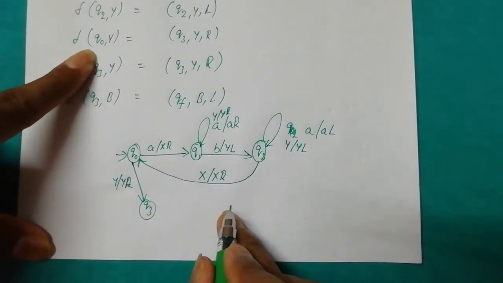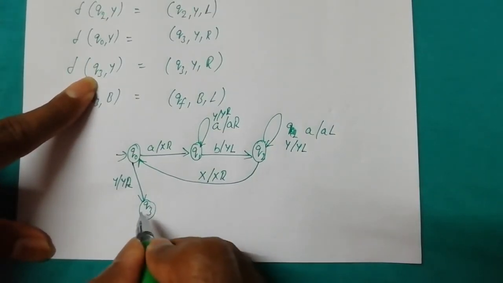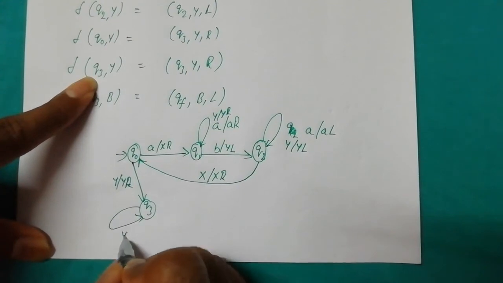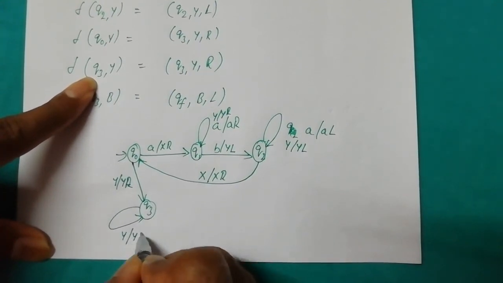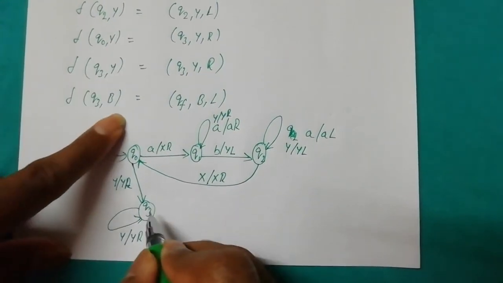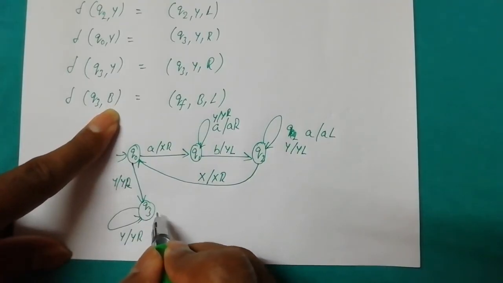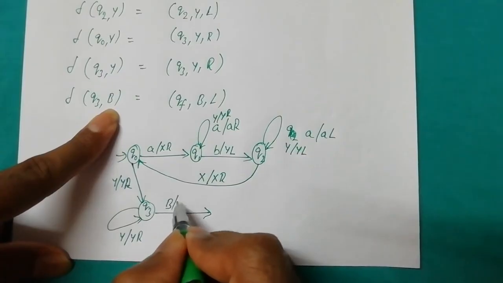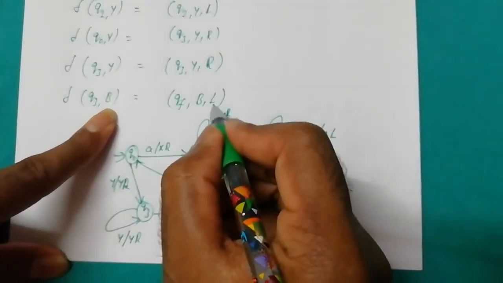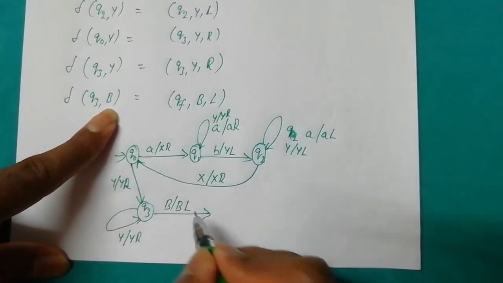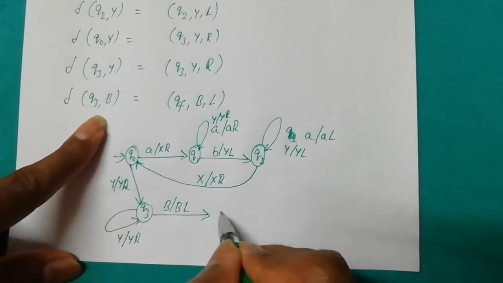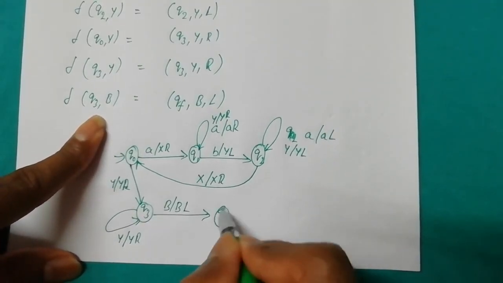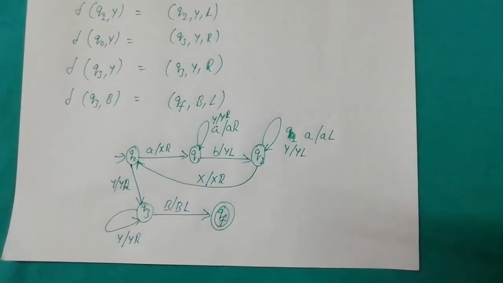Next, Q3 comes across with Y, it is a self loop, we keep that symbol as it is, we move one cell to the right direction. Q3 at some instance of time comes across with the input symbol blank, we keep that symbol as it is and we move one cell left or right, it doesn't matter, and we finally reach the final state. This is the transition diagram.